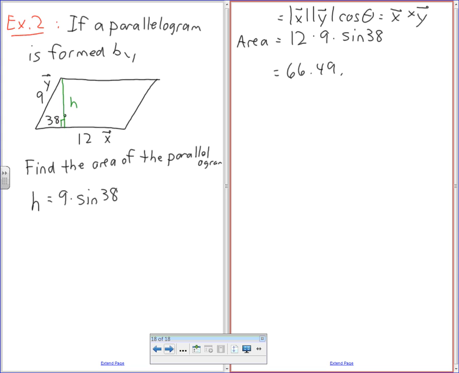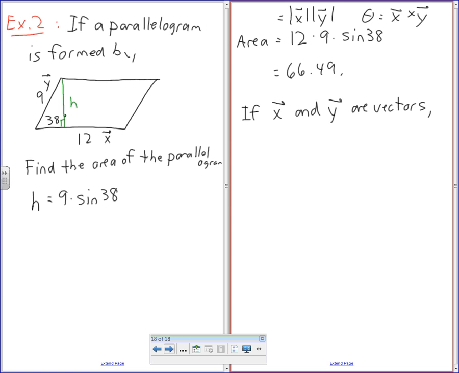So we're going to say if x and y are vectors. I think at the top that should say sine.